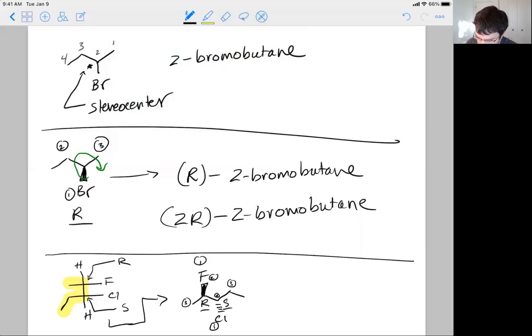Now, the way we would name this structure is we would again want to make sure that we give the substituents the lowest number possible. So this would be 3-chloro, 2-fluoro. And I put the chloro first over the fluoro because C comes before F in the alphabet. And this is pentane.